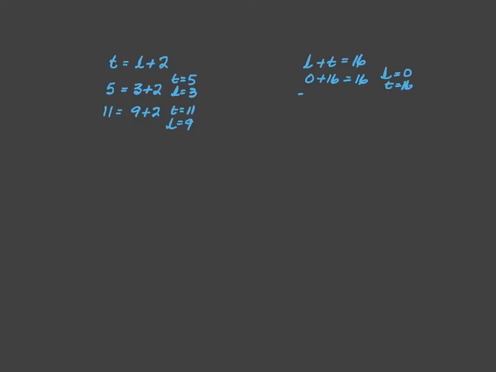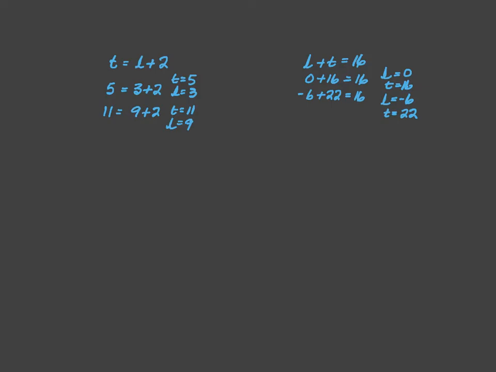I could also have negative 6 plus 22. That's also equal to 16. In this case, L is equal to negative 6 and T is equal to 22. As you can see, I can carry on just doing this forever and never run out of solutions.